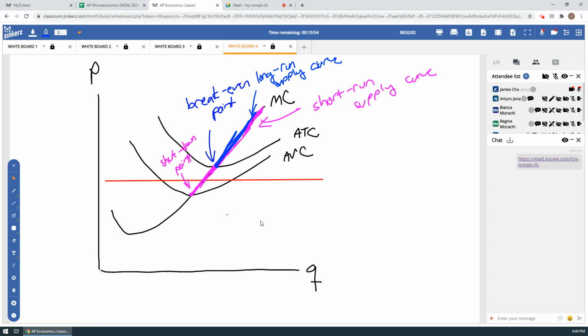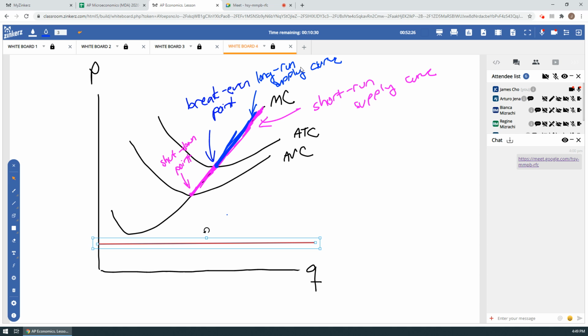You're going to exit the industry. You're going to go do something else. It's only when your demand curve is here or above that you're going to be producing in the long run. That's the only time that you're going to decide to stick it out and sign a new rental contract. If your demand curve is ever below the break-even point, you're going to decide to exit the industry.